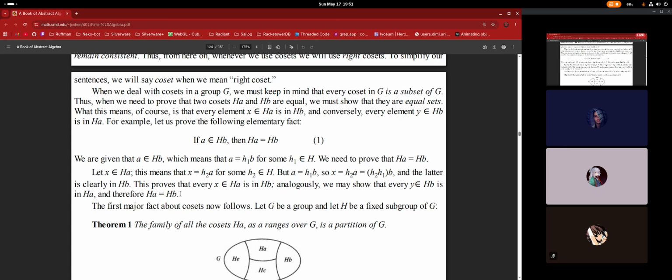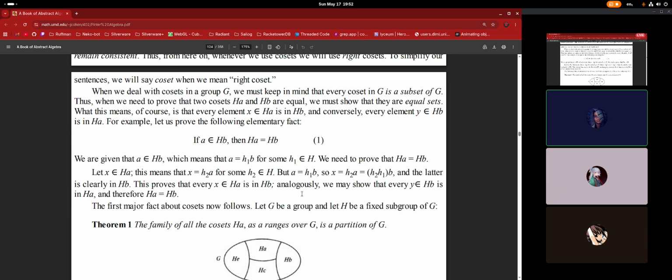For it to be a subgroup, the identity element has to be in there, right? Yeah, but how do you know that H2 operation with H1 is in H? It's because of how subgroups work, right? Both of them came from H, and by the definition of the subgroup, if you apply the operation on any two elements, you're still going to be in H.